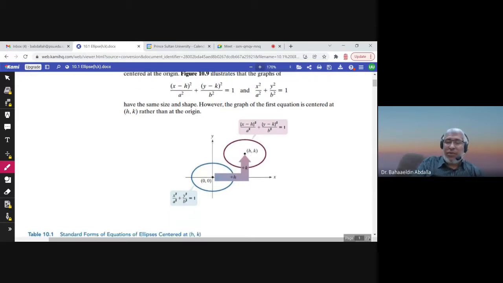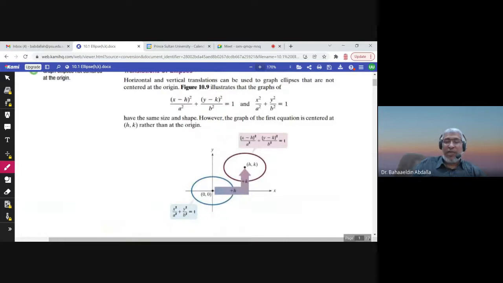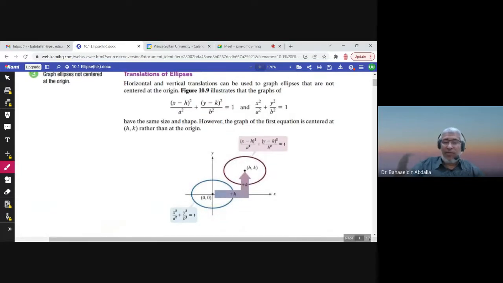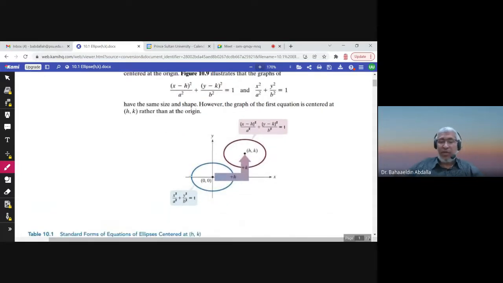And that's important because, for example, for this ellipse, the coordinates of the vertices, if you remember, were negative a, 0 and a, 0. Now, the new coordinates of this vertex will be negative a plus h and 0 plus k, or k.